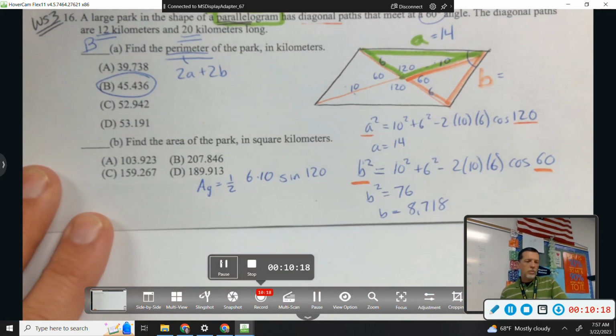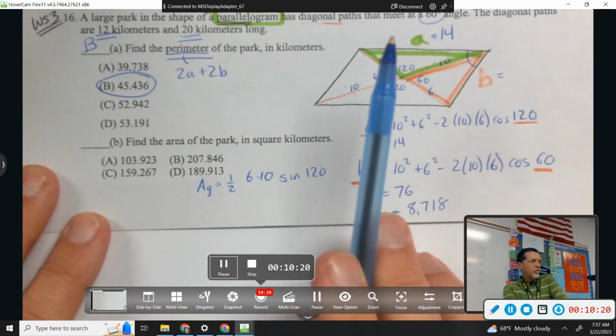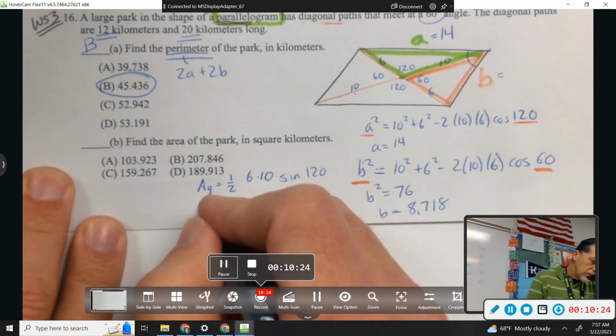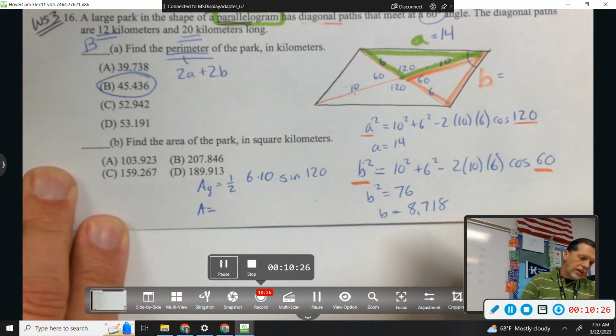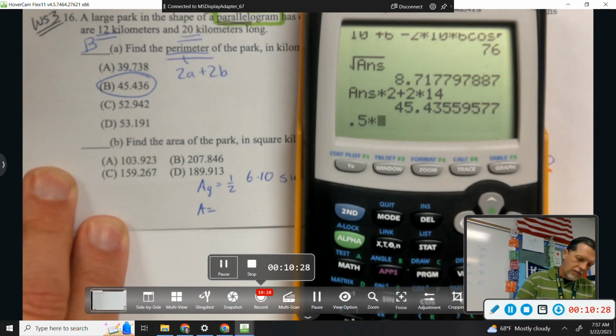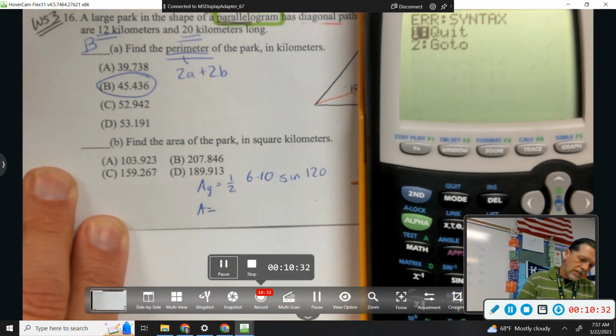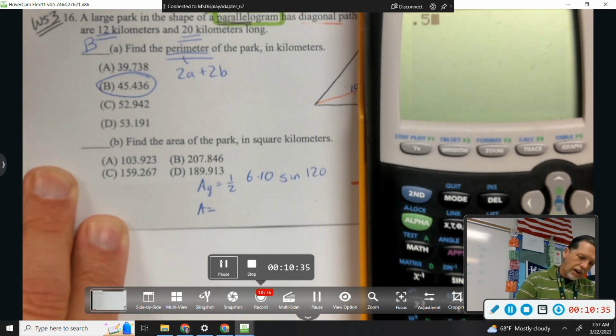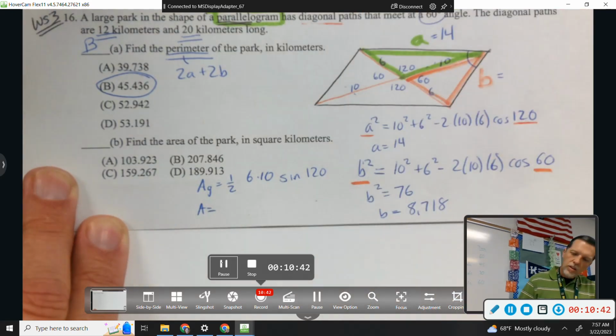And 120 is the angle we know, so we should use the sides on either side of 120. So that area, 1/2, 6, 10, sine of 120, 0.5 times 6 times 10 times sine of 120, 25.98.